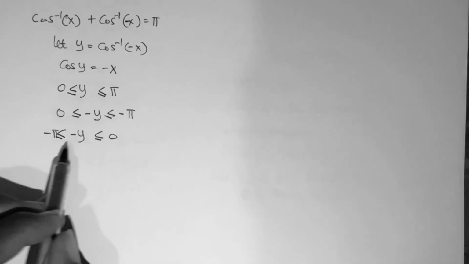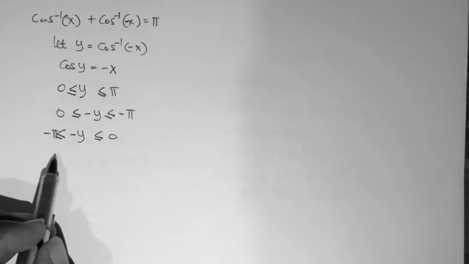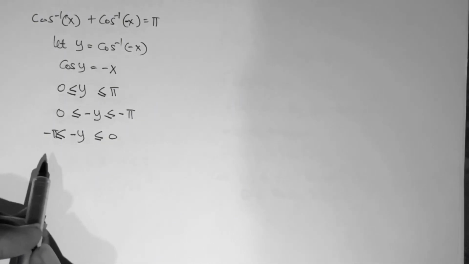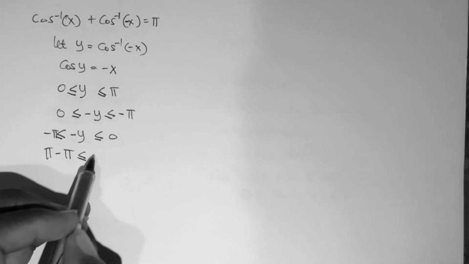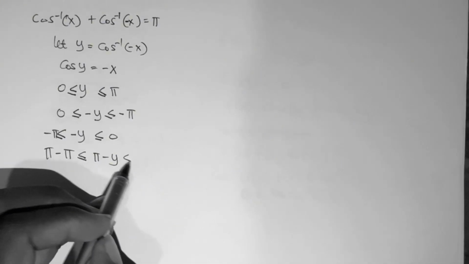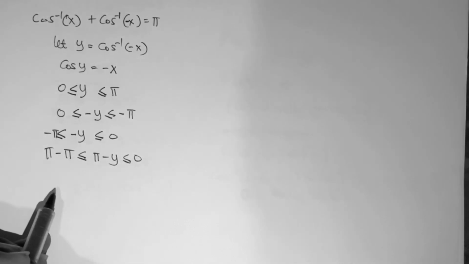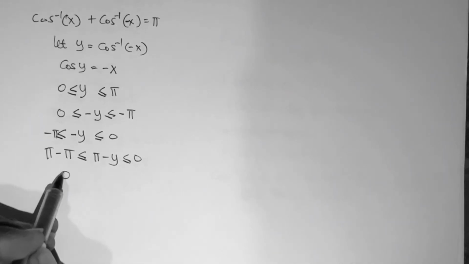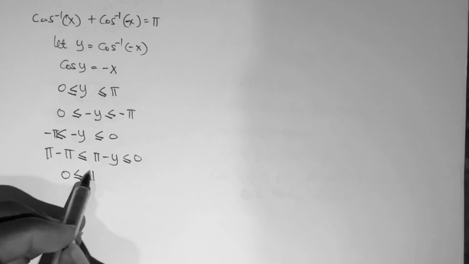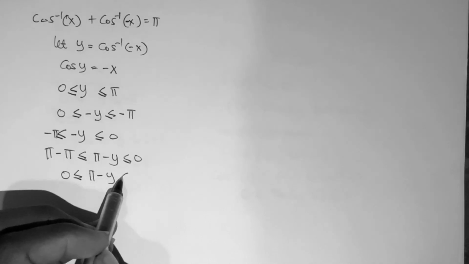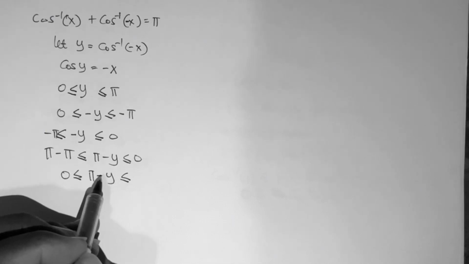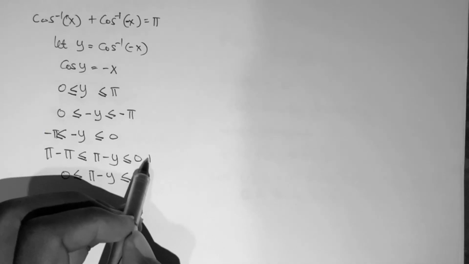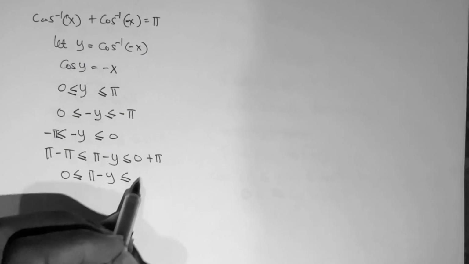So now let's add pi to all the terms of the inequality. It becomes pi minus pi less than or equal to pi minus y less than or equal to 0 plus pi. So pi minus pi is 0, less than or equal to pi minus y, which is less than or equal to pi.